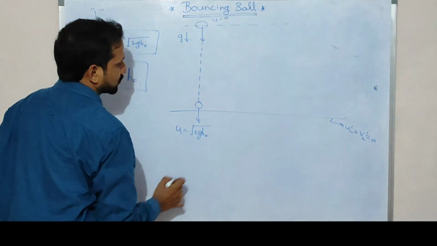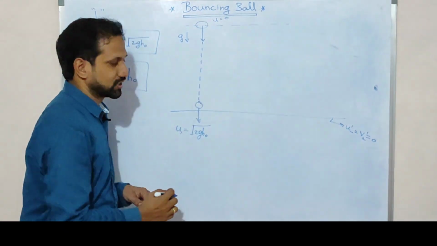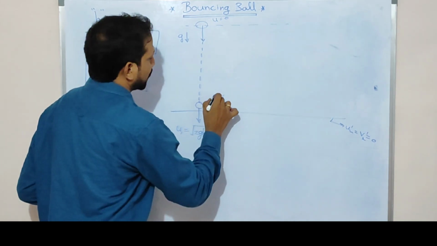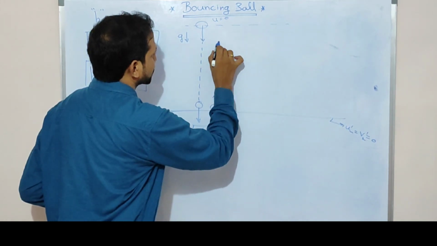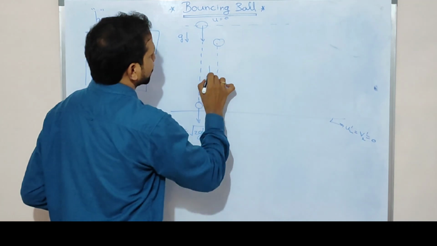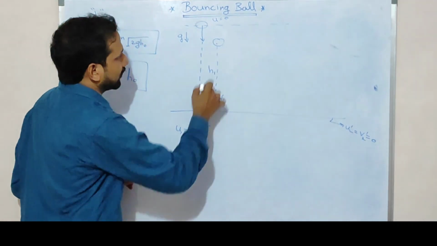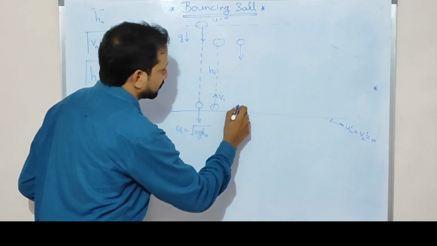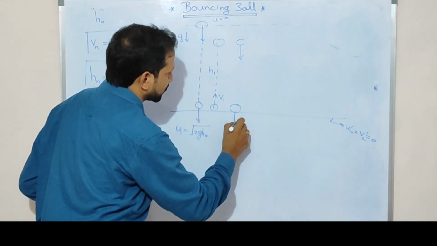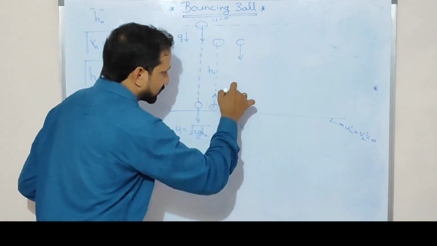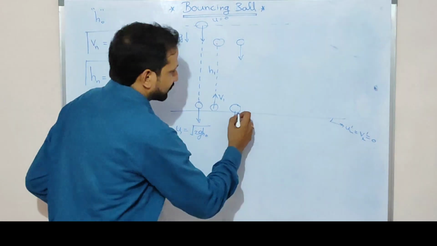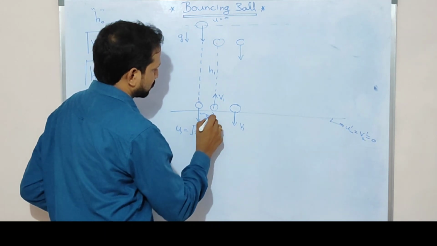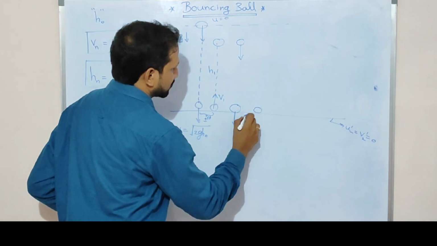This is going to be u1, and after hitting it will go back with some speed v1, and up to some height, say h1 meters, and then again come back. While it is coming down, it will reach the ground with the same speed as v1 but in the downward direction. This is the first impact, and this is the second impact.